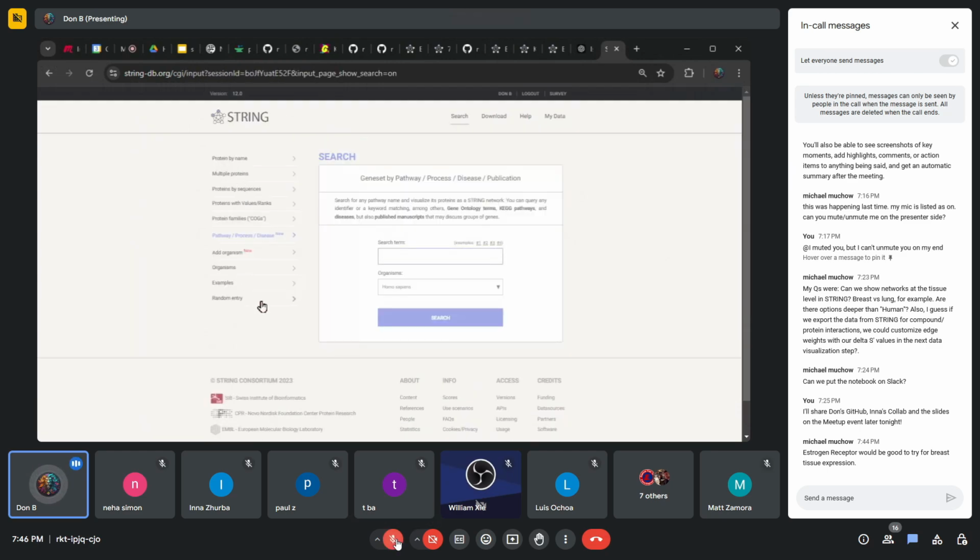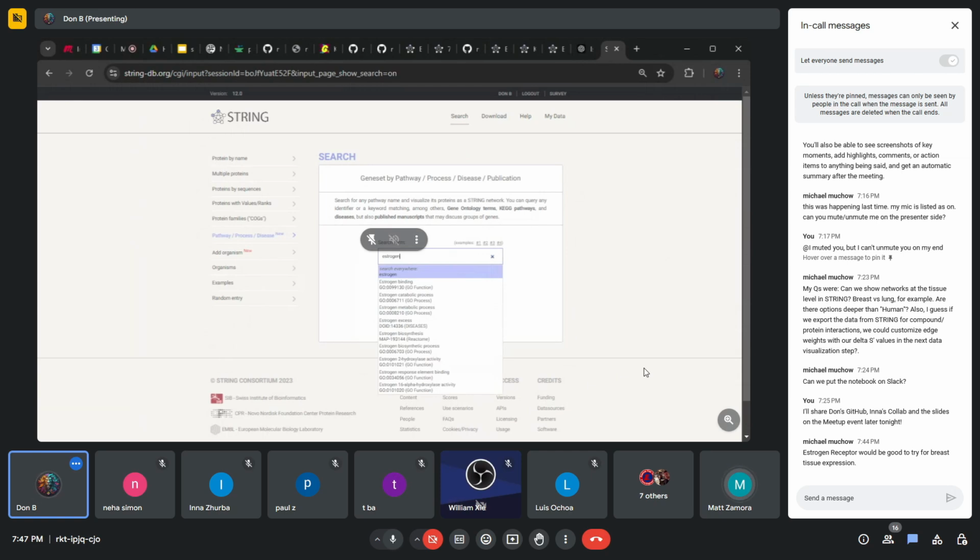I'll go back out, and if we are looking for estrogen metabolic pathway, estrogen binding, what kind of estrogen concept? Receptor? Well, let's see.